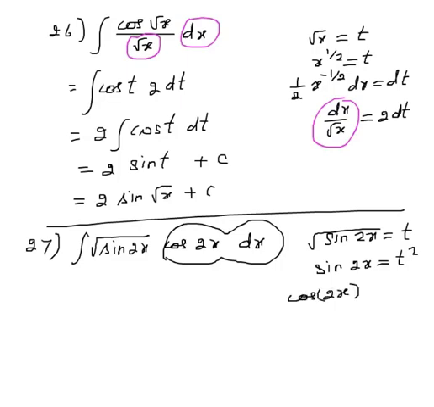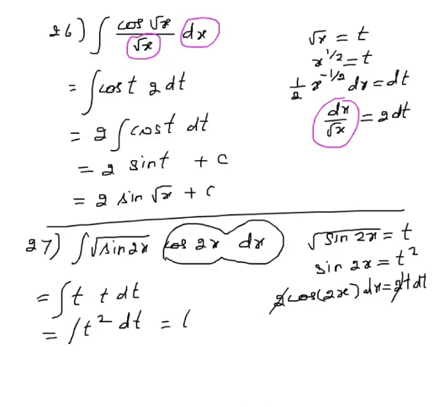Cos 2x into differential of 2x, which is 2, dx is 2t dt. Cancel 2. Let us substitute. This is t and this is t dt, which is t square. Integral of t square is t cube divided by 3 plus c. Substitute for t. Sine 2x power 3 by 2. Root can be written as power half, and plus c is the answer.